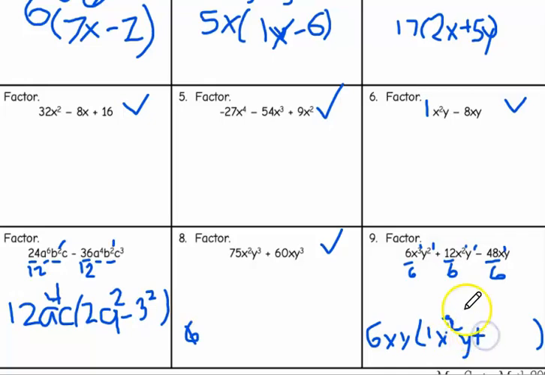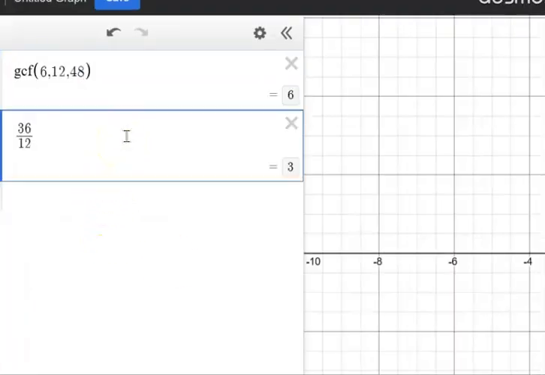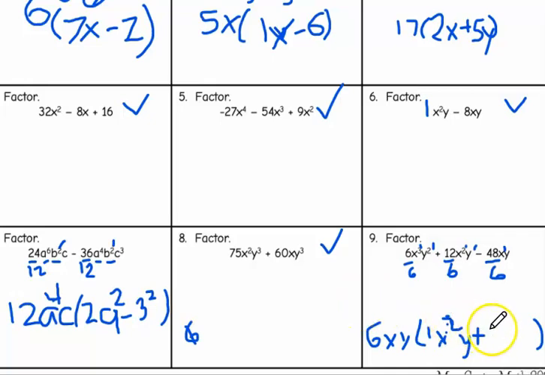Plus. Alright, now we do 12 divided by 6. So in the calculator, 12 divided by 6 should be 2. Keep one of the x's, right? Because look, we have 2 x's here, so we're just going to keep one of the x's there.